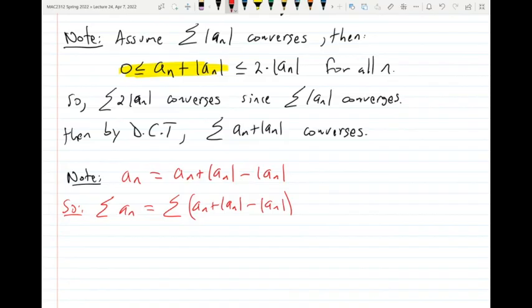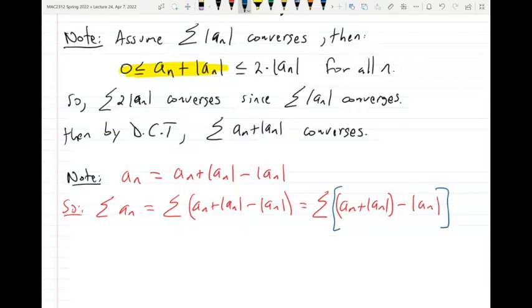So now I want to place parentheses in a strategic way. I'm going to rewrite this as... okay, what I'm doing is putting parentheses.